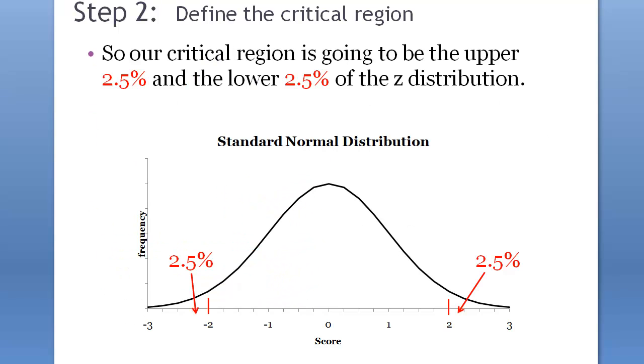So by setting 0.025, in other words 2.5% on this end, 2.5% on this end, setting the critical regions on both ends like this, the combined critical region will be 5%, in other words, 0.05.